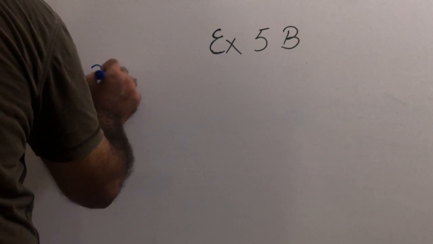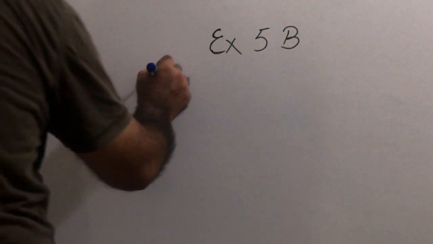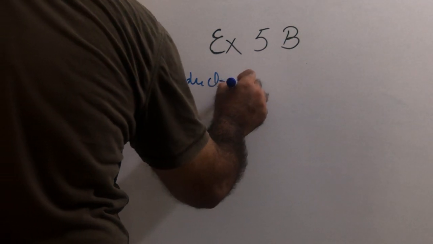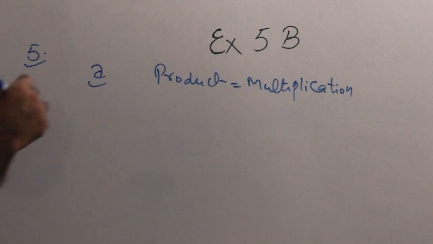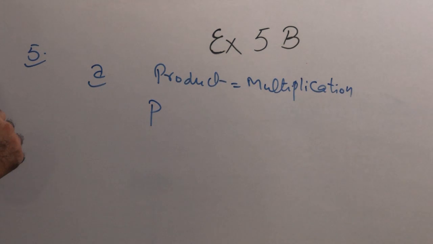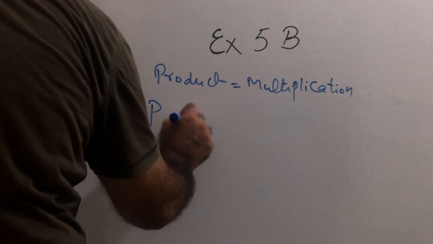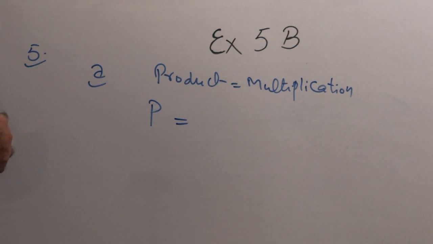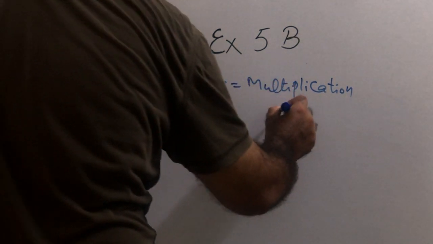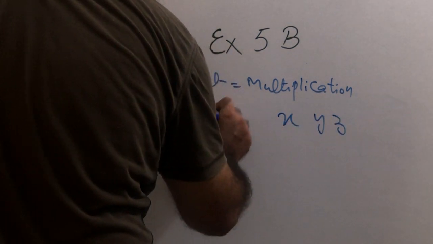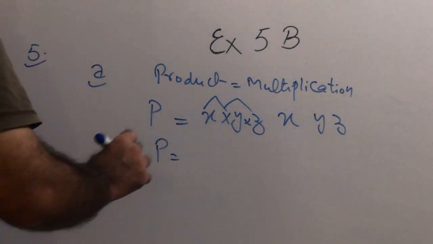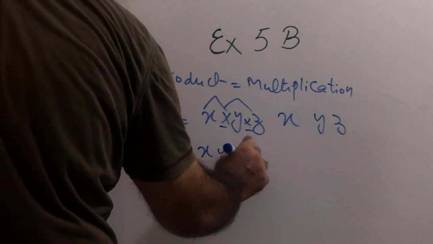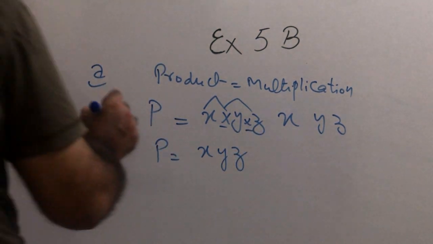Part A: given that the product P of 3 numbers, product means multiplication, is X, Y and Z. So we need to find the product of 3 numbers X, Y and Z. When we multiply these, it is a product, but we know that in algebraic language we don't use the multiplication sign, so we put XYZ. This is the answer for part A.